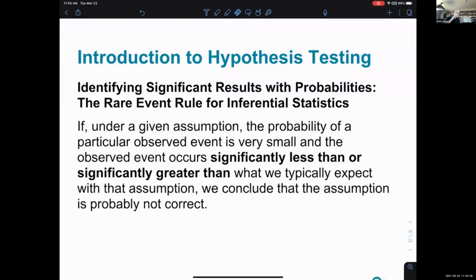Let's say I'm making an assumption that the average height of students at DVC is low enough, with a standard deviation small enough, that if I make a door 6 feet, it's going to be very rare for students to bonk their head there.